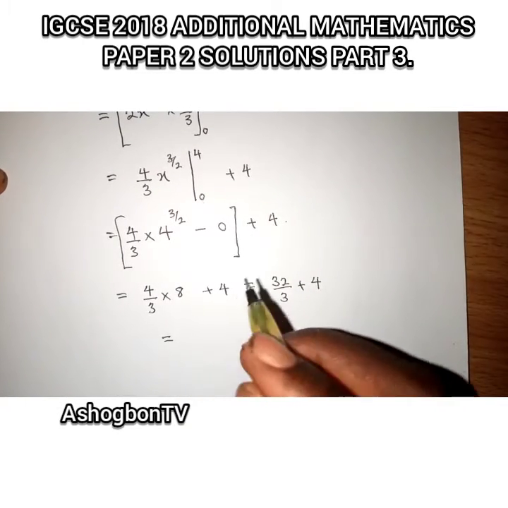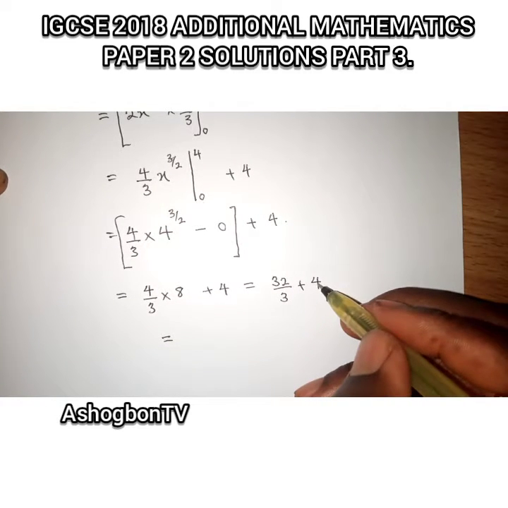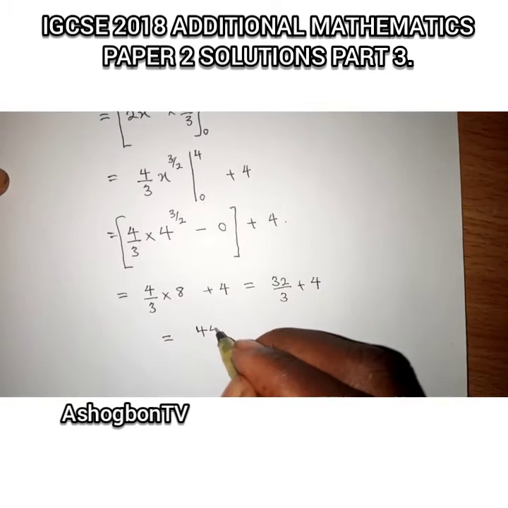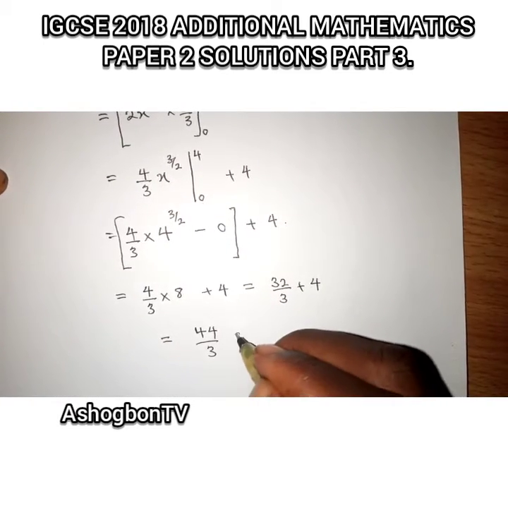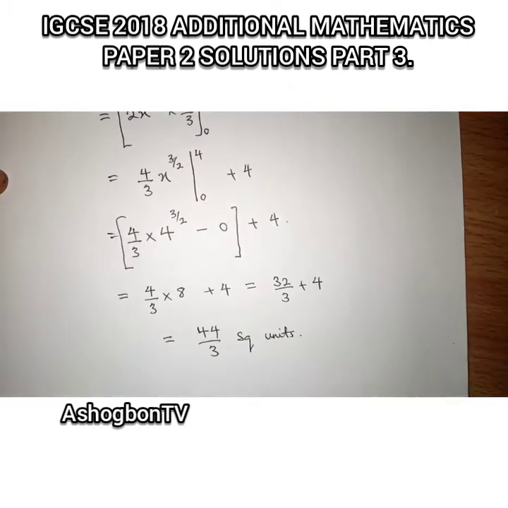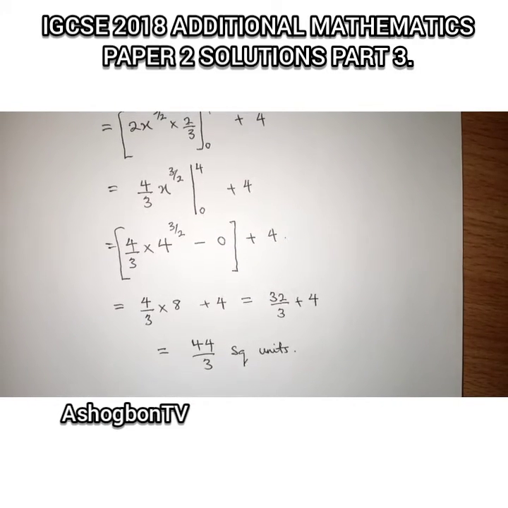So you may want to do your simple calculation here. Find the LCM. 3 times 4 is 12. Add 12 to 32. That should give you 44 over 3. And here we can say square units. So this is the area under this curve. Next question.